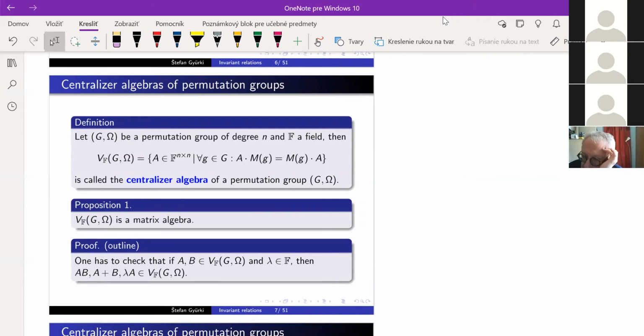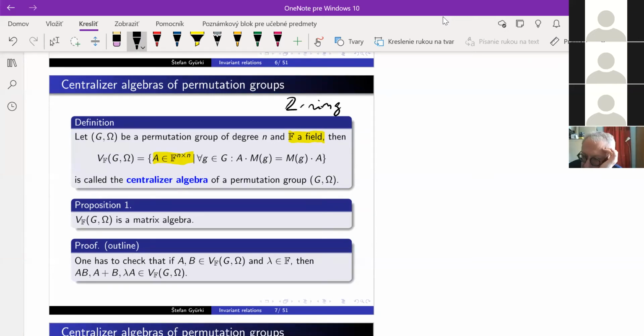So I can collect all the matrices of dimension n by n, where n is the degree of the permutation group, and I can do this, say, over a field F, but also often it is sufficient to work over the ring of integers.